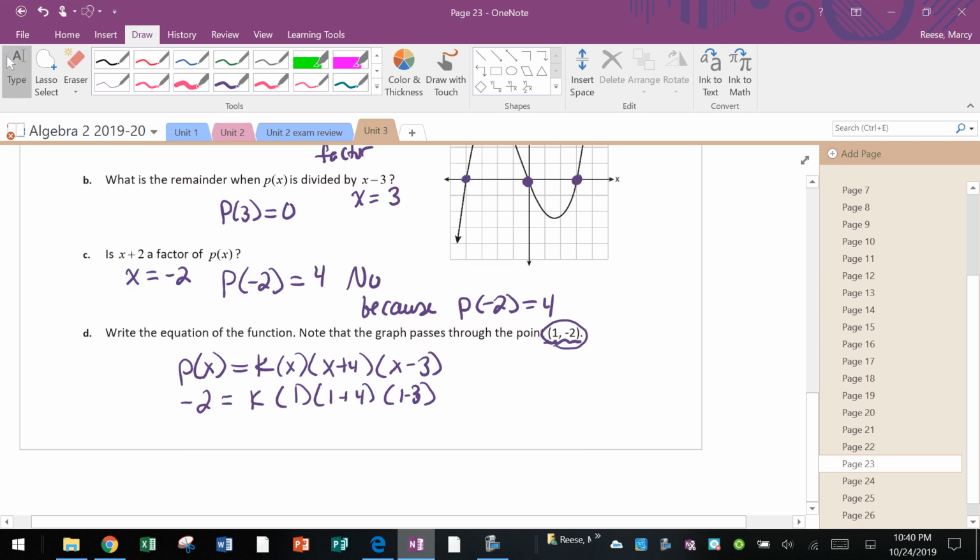Okay? And you're going to finish this one. You're going to tell me what the k value is, and then you're going to write the function in factored form. You don't have to put it in standard form, but finish it up in factored form for me.